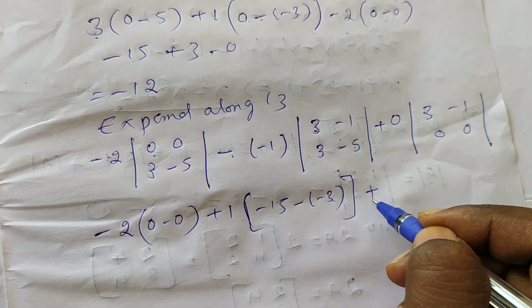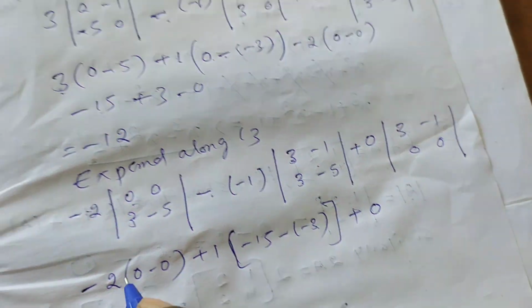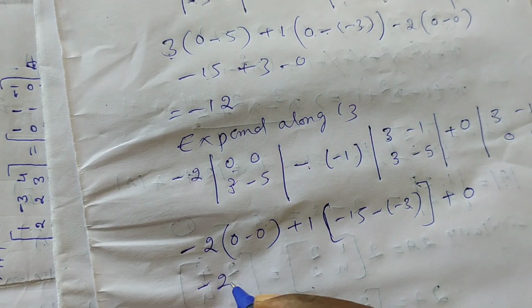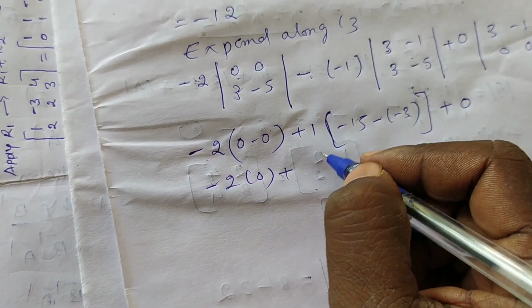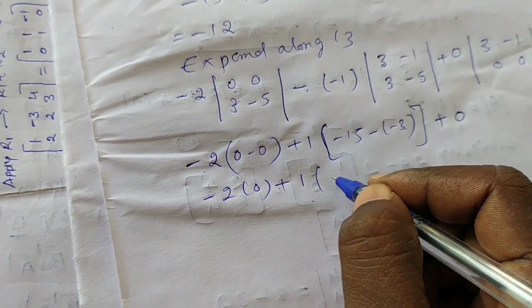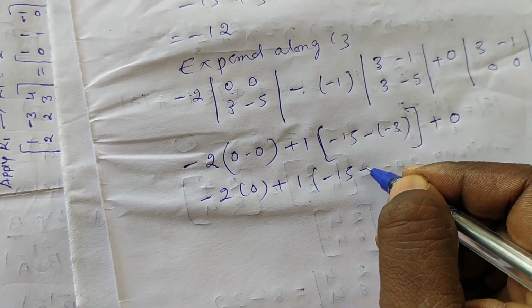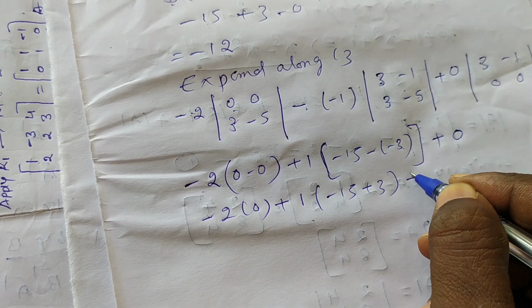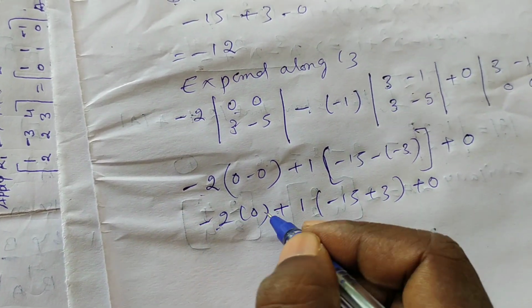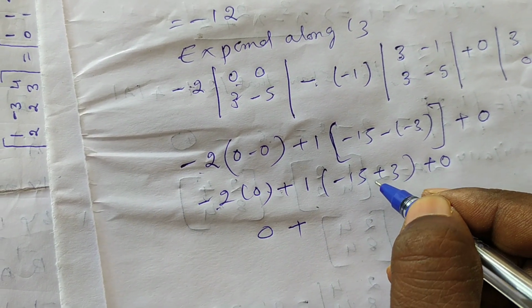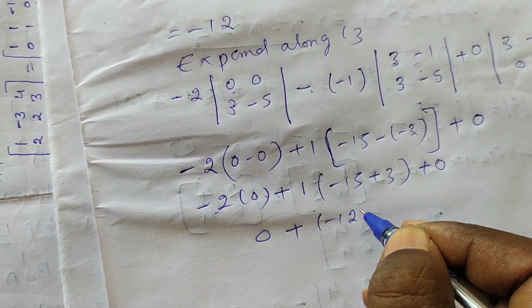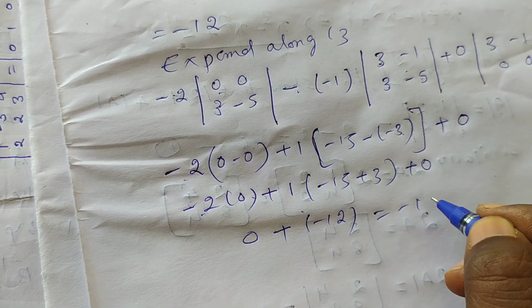Minus 3 plus 0 into anything, 0. That is minus 2 into 0 plus 1 into bracket minus 15 plus 3 plus 0. That is minus 2 into 0, 0 plus minus 15 plus 3, that is minus 12. The answer is minus 12.